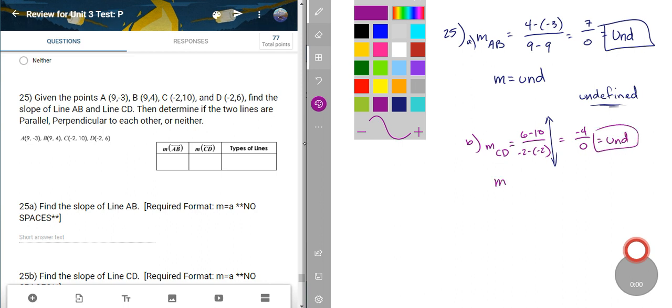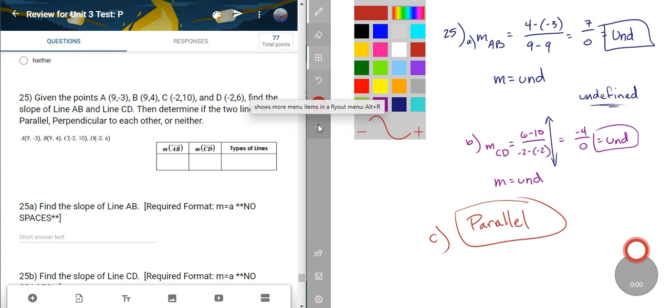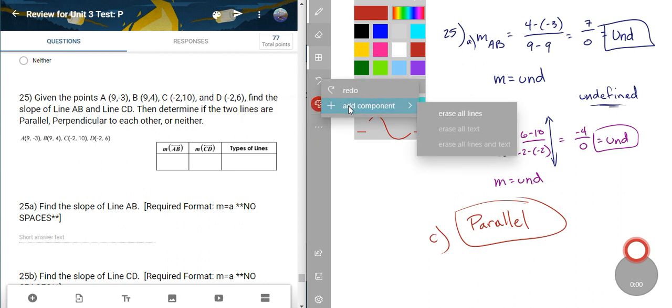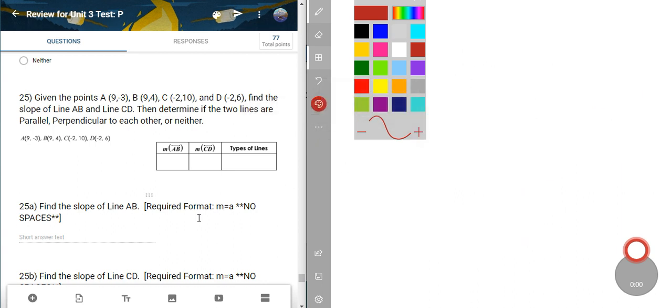So both are undefined, which means they're the same slope, which means these must be parallel. So both lines are vertical. These are parallel. That's part C. Awesome. Horizontal lines are slope of 0. So if you had 0 over stuff, that would be slope of 0.